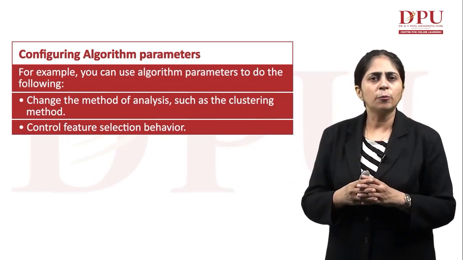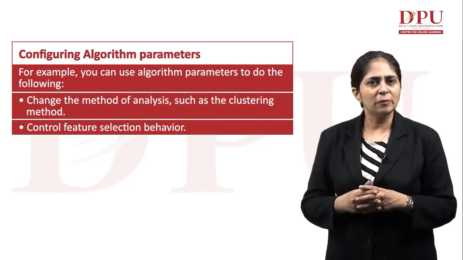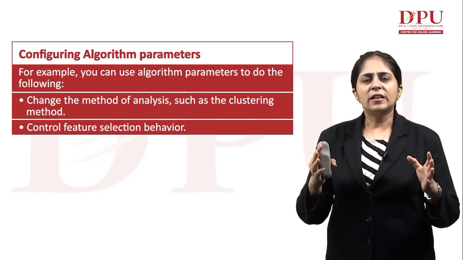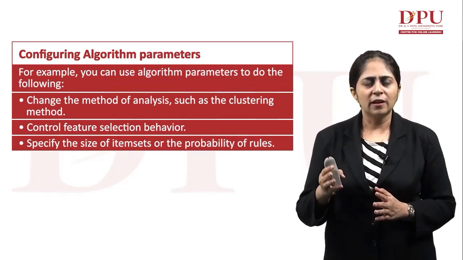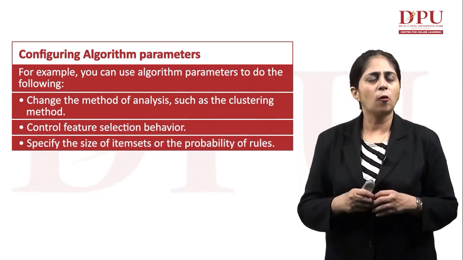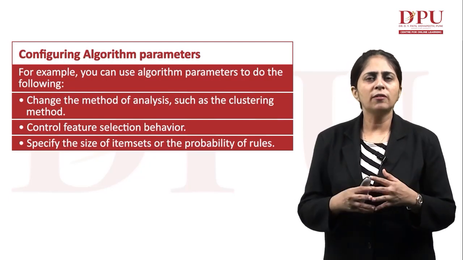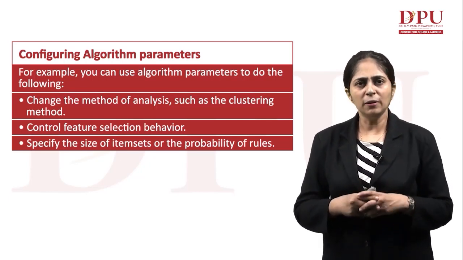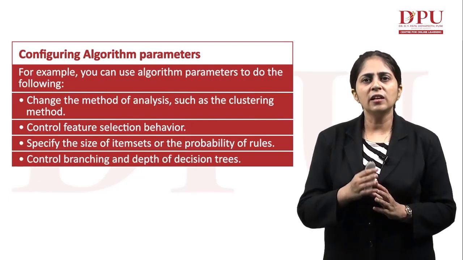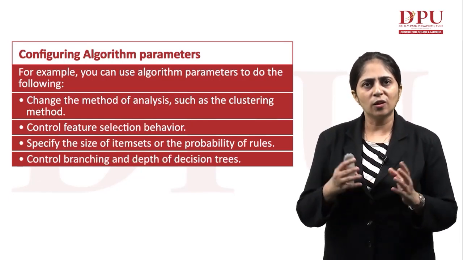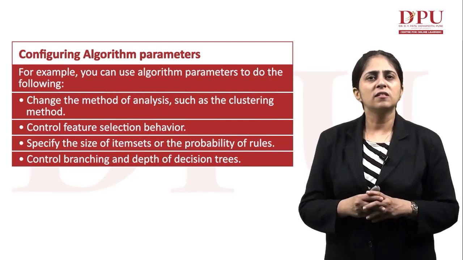At that point of time, these algorithm parameters can be used. We can specify the size of item sets or the probability of rules. If we want to define certain rules for all our data items, these algorithm parameters can be utilized. Then we can also use them to control the branching and the depth of the decision tree.